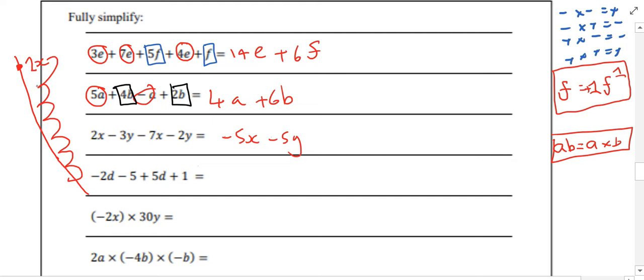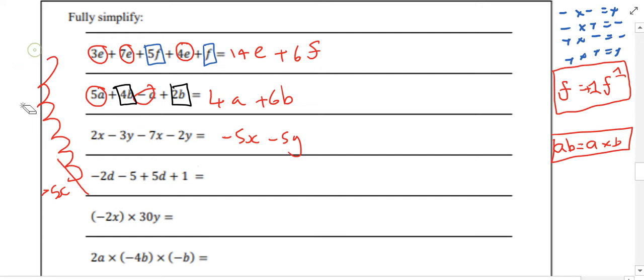Now this is just going to give x. This is going to give 0, minus 1x, minus 2x, minus 3x, minus 4x, minus 5x's.